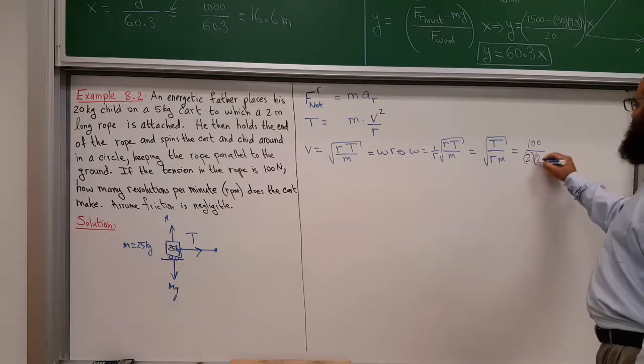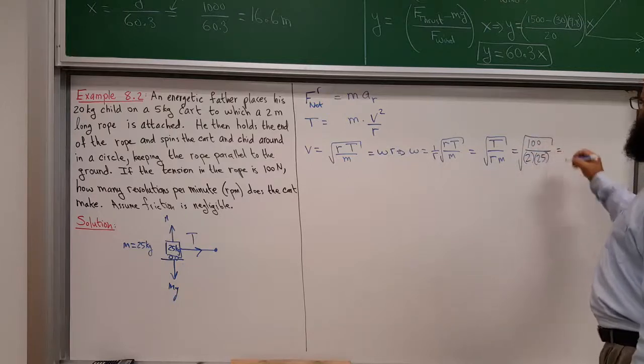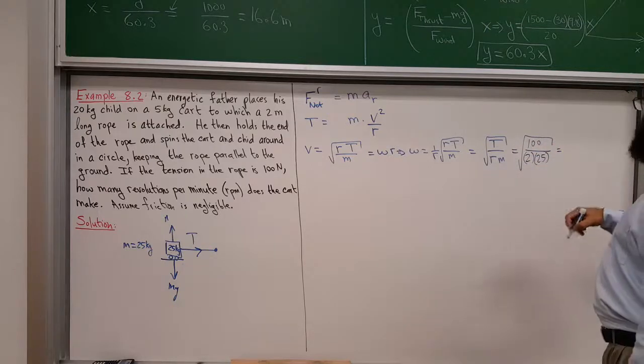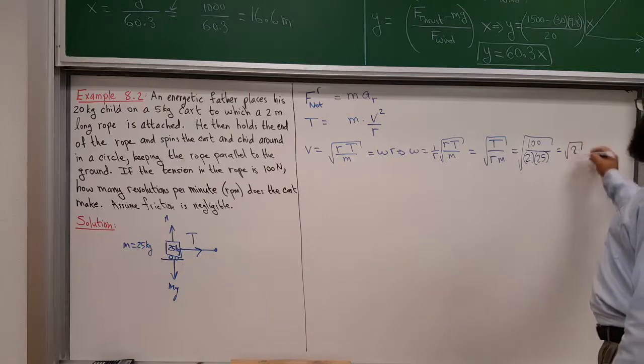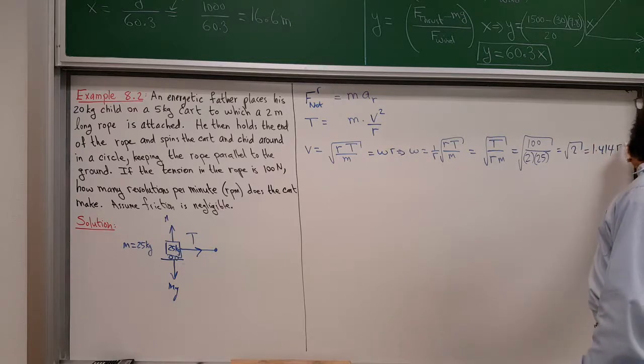The mass is 25 kilograms. And I square root this. 100 divided by 2 times 25, that's 2. It's the square root of 2, approximately 1.41 radians per second.